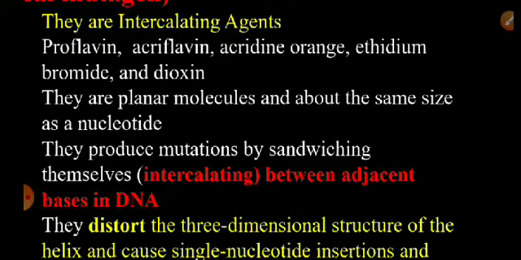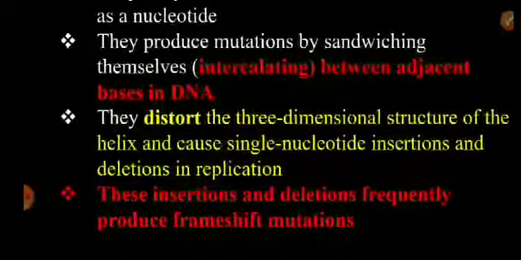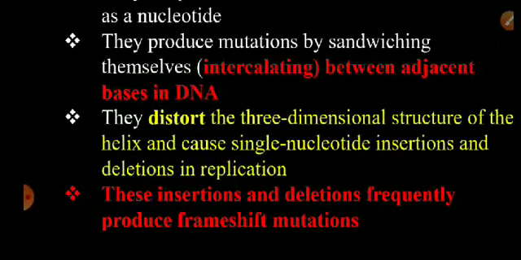They distort the three-dimensional structure of the helix and cause single nucleotide insertion and deletion in replication. So, why are they named intercalating agents? Because they intercalate between two nitrogenous bases. They get fitted or integrated or sandwiched between two nitrogenous bases in a DNA.